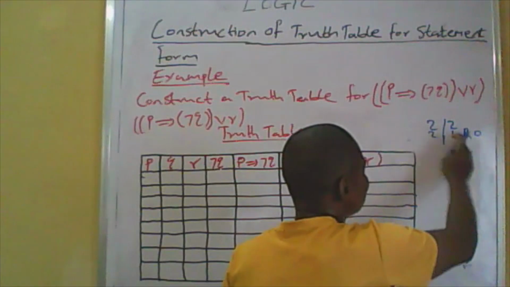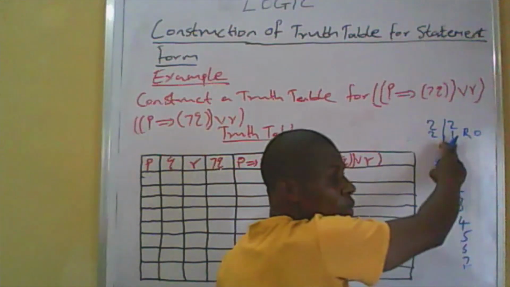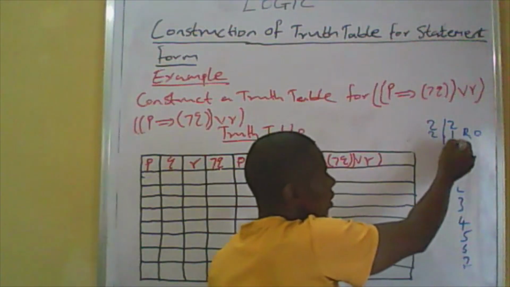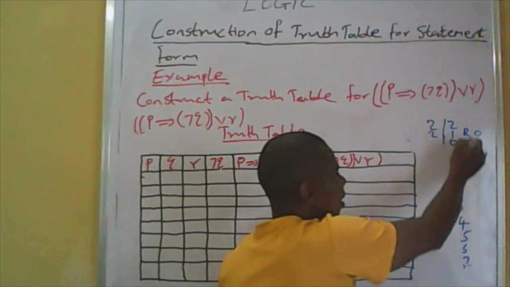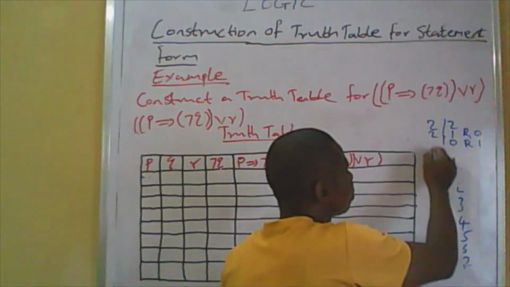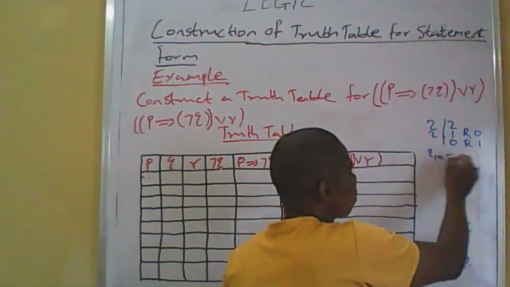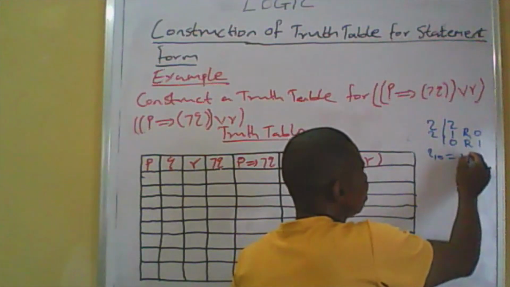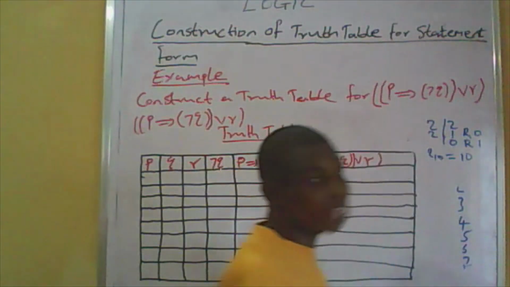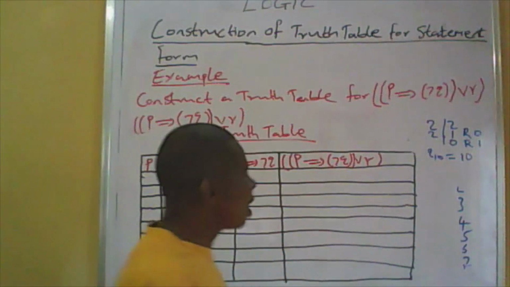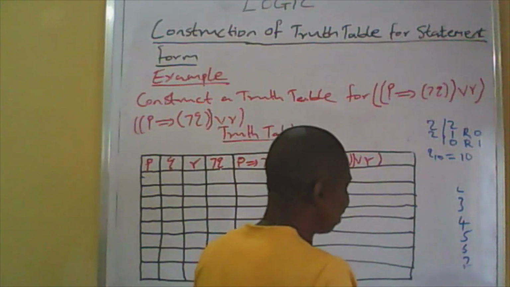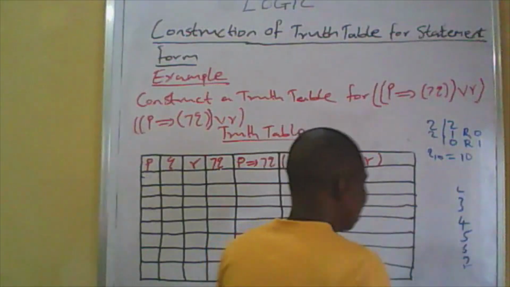Then 2 divided into 1 has no whole number, so you write 0 and write remainder 1. That means 2 base 10 is equal to 10.